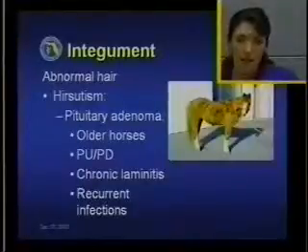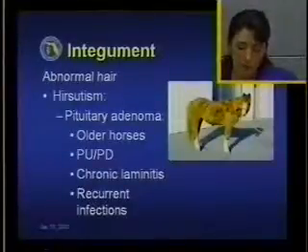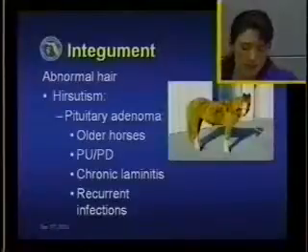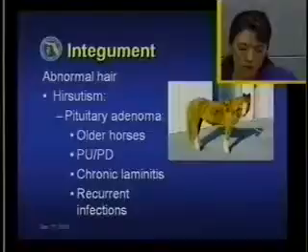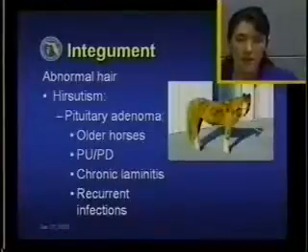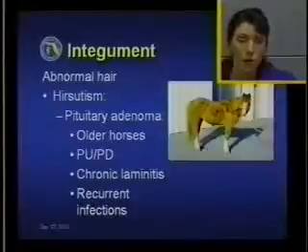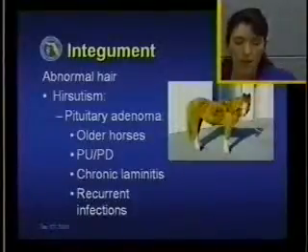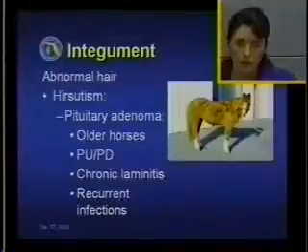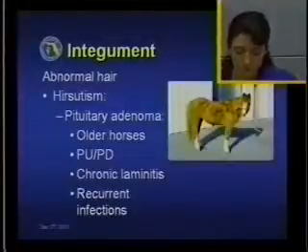Integument. The skin can tell you a lot about what's going on as far as systemic disease. One of the very common signs that we see in older horses is hirsutism. This condition leads horses to poorly shed and to have a very long and curly hair coat that persists throughout the year.